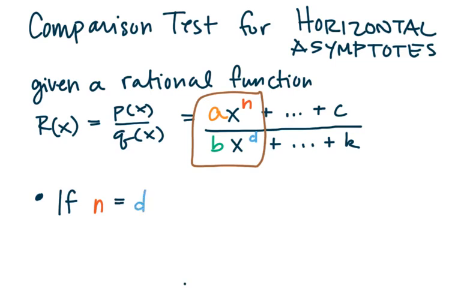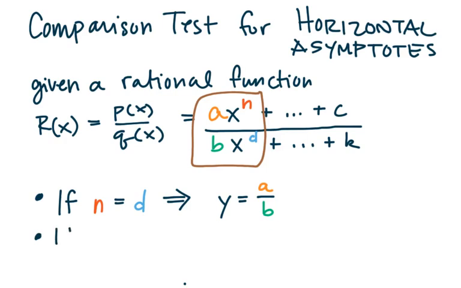If we have the same degree in the numerator and in the denominator, then we are going to have a horizontal asymptote that's represented by the ratio of those leading coefficients. So in this case, we would have a over b. Okay, so that would be the line for our horizontal asymptote.